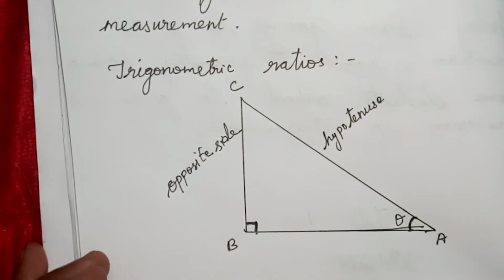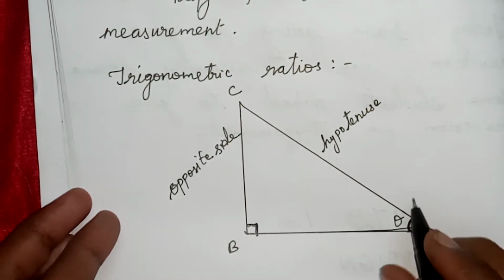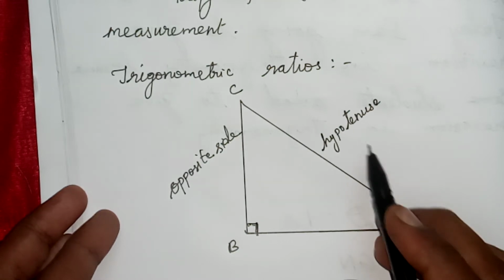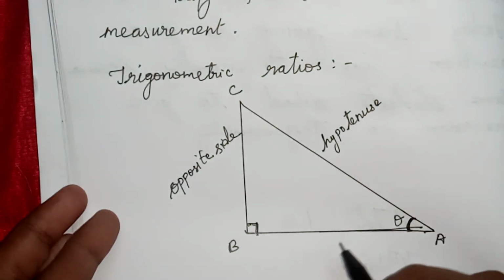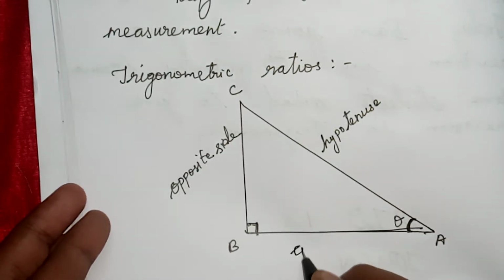Next, the side adjacent, the nearest to theta other than the hypotenuse, is called the adjacent side.